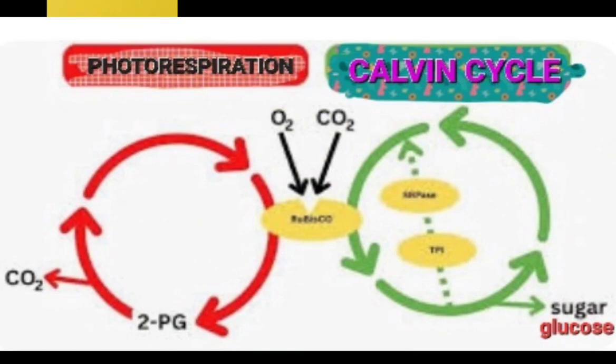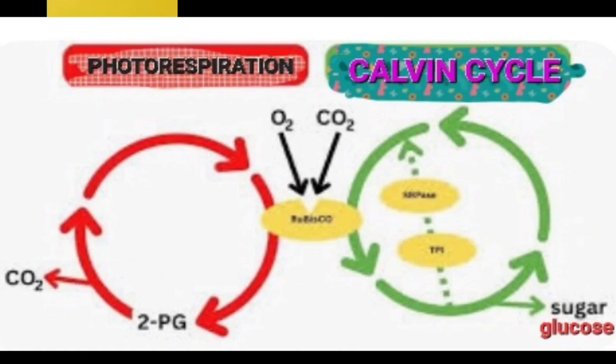This ATP and NADPH now has stored energy from the light reaction. This energy can further drive the Calvin cycle or the biosynthetic phase, which can ultimately lead to the production of the end product of photosynthesis called glucose.